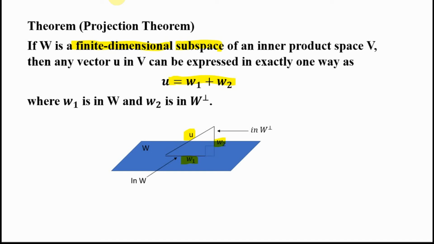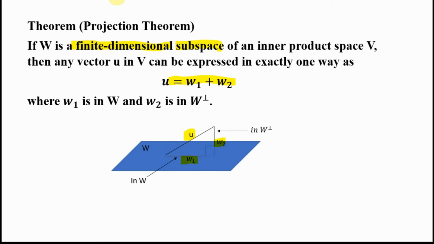Now W sub 1 is in the subspace W, and W sub 2 is in W perp, the orthogonal complement. So it's just W2 is perpendicular to W1. That's all they're saying.